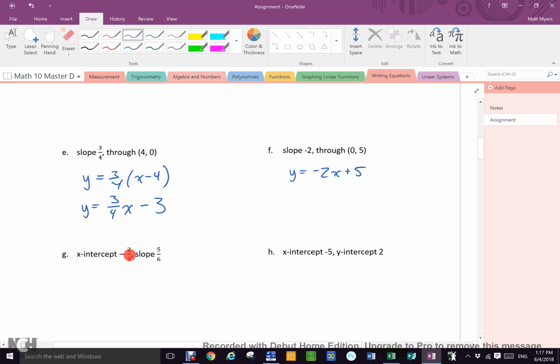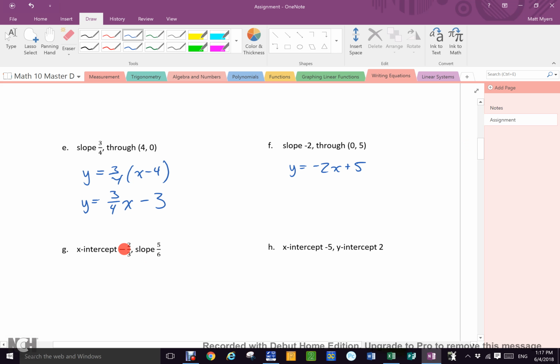That is an extraordinarily tricky one, but it's actually the same as C, E, and G, since you have an x-intercept. So it's y equals 5/6 x plus 2/3, or y equals 5/6 x plus 10/18, which would be 5/9.